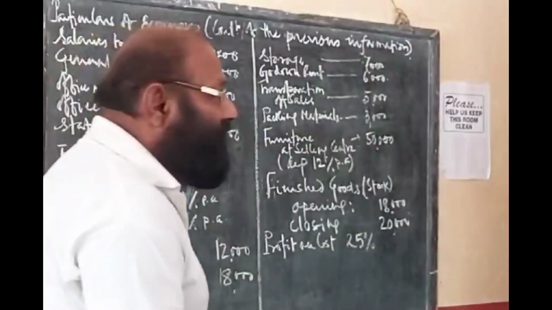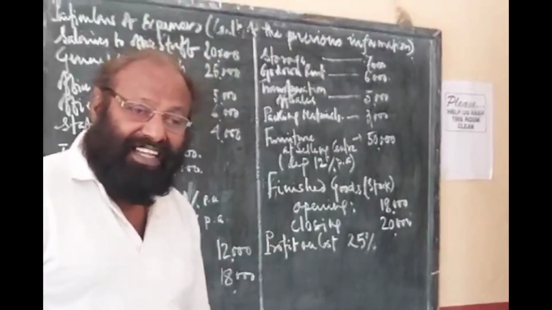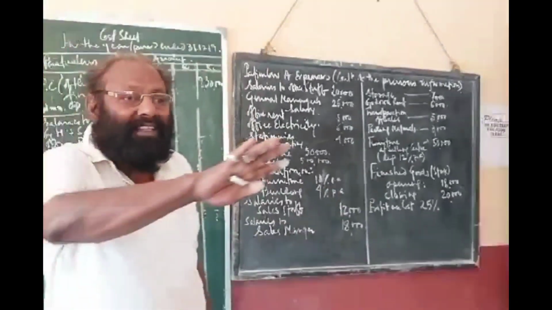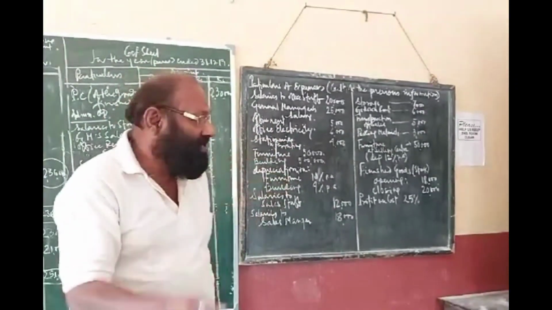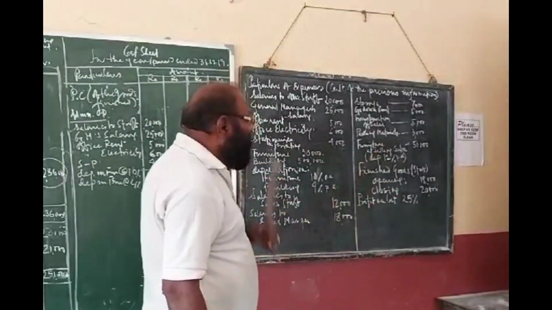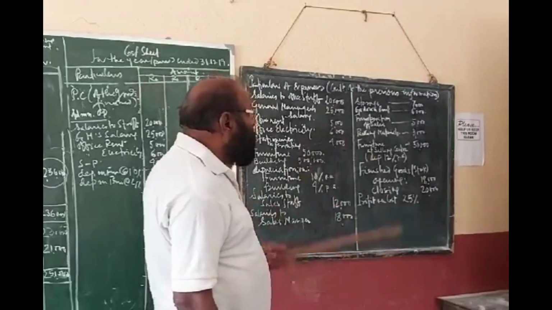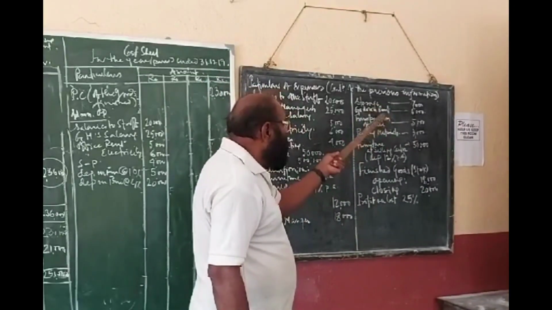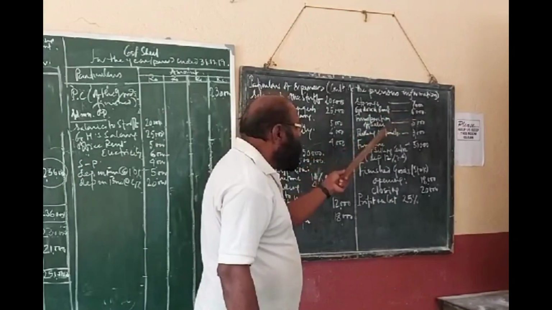People say it is for sales. You may consider it under the head sales, or under the head distribution overhead. Obviously it is a single overhead, selling and distribution overhead. But for your understanding, I would like to make it separate. So storage should come under distribution overhead. Godown rent under distribution overhead.